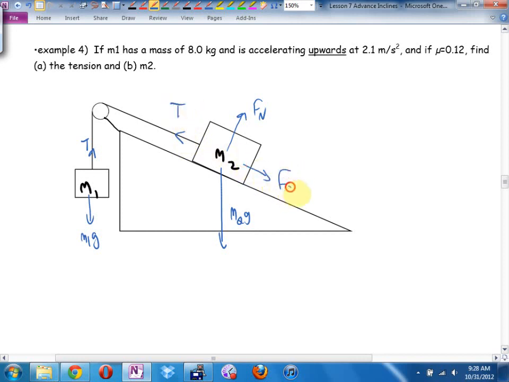And I think it's accelerating up, so friction would be slowing it down. It does mention friction in the question. Yes, it does mention a mu. Oh, isn't M1 accelerating up? I stand corrected. So friction is in the wrong direction, Mr. Dewick. Thank you. Read the question. So you're saying friction is this way. Okay. Cool.